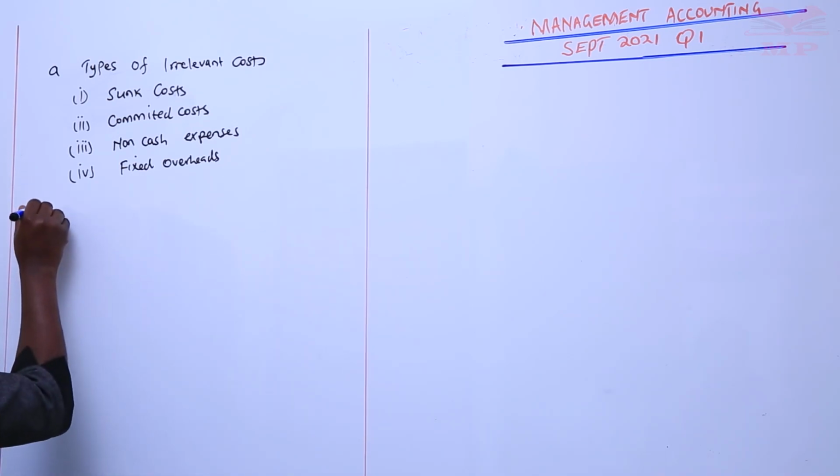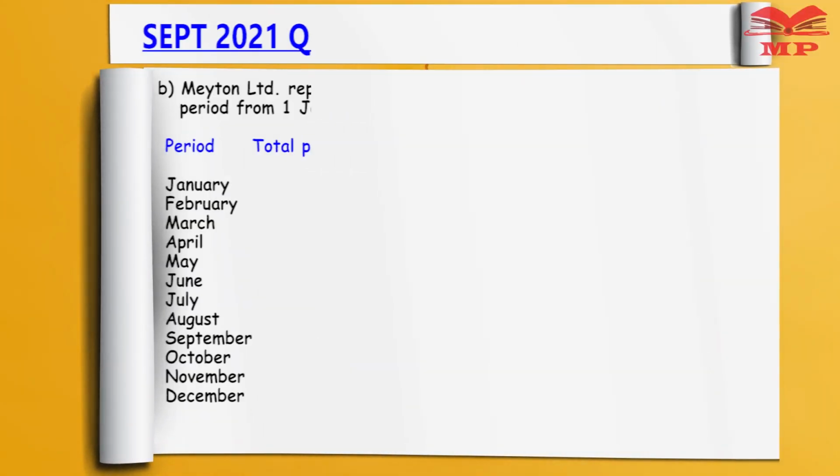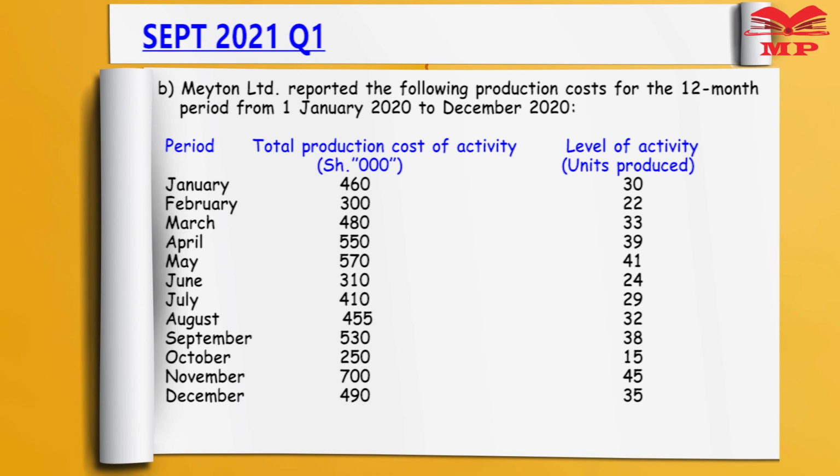Part B of question number 1. We are told that Mayton Limited reported the following production costs for the 12-month period from 1st January 2020 to December 2020. So we've been given the period.